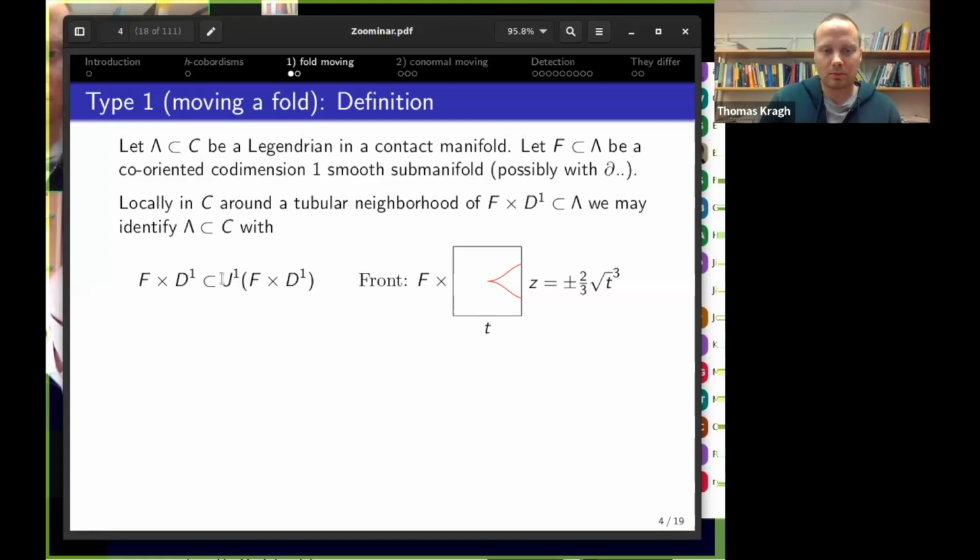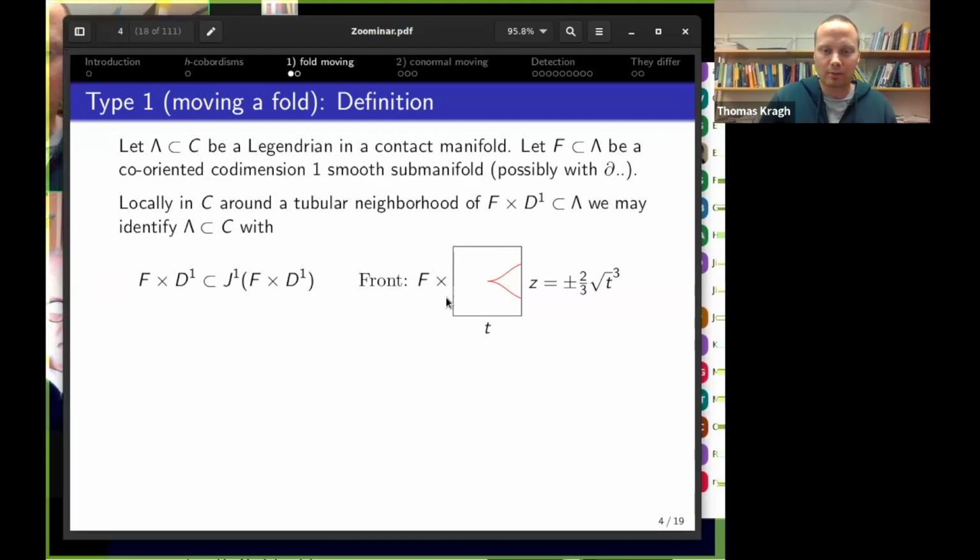So in the J1 bundle, Legendrians are uniquely determined by their front projection. So drawing something like this that is just F, and by F I mean basically the 0 section. The front projection lives in F cross D1 cross R, and the R factor is the horizontal factor here.